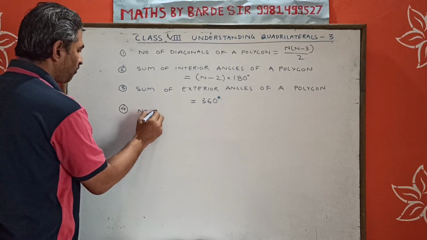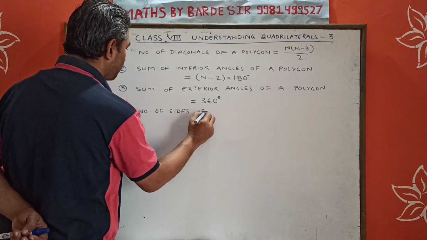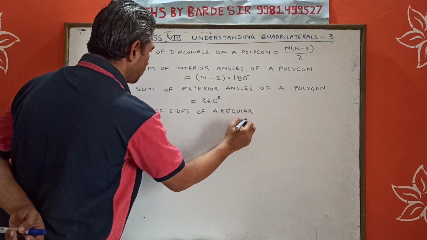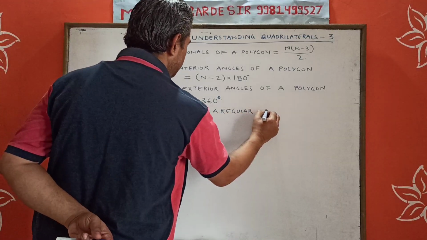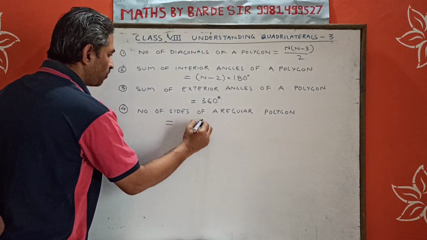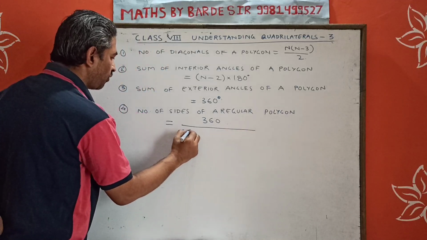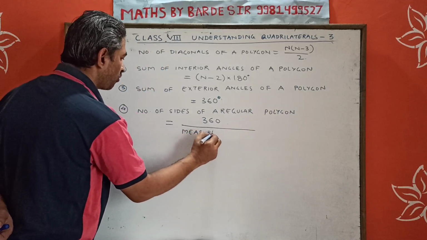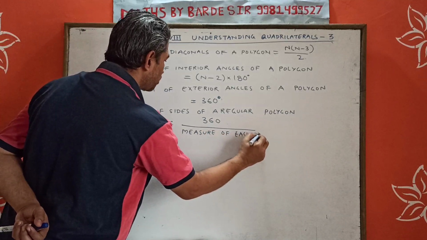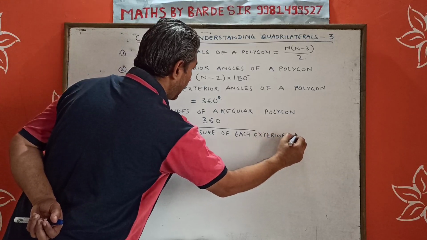The number of sides of a regular polygon is equal to 360 divided by the measure of each exterior angle.